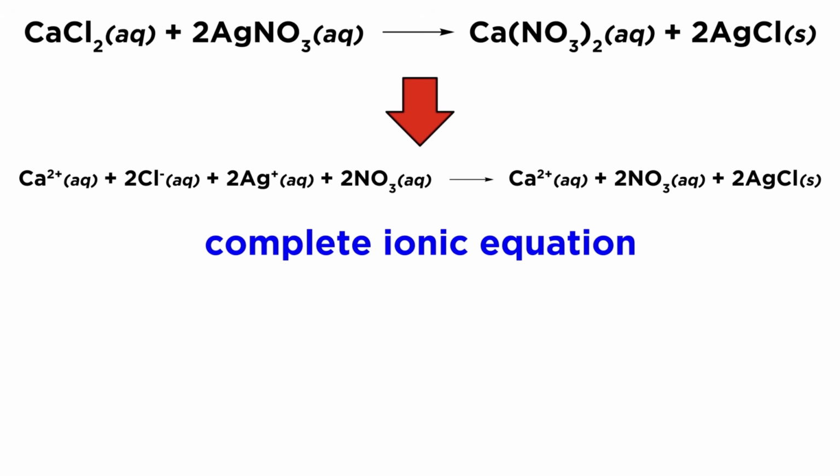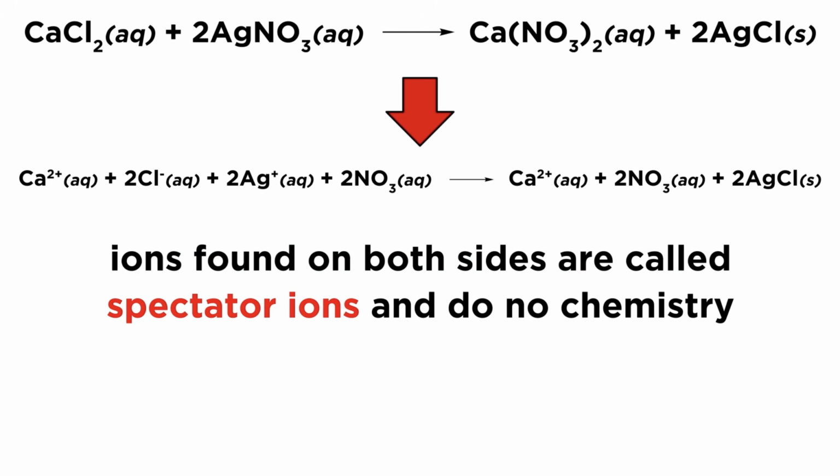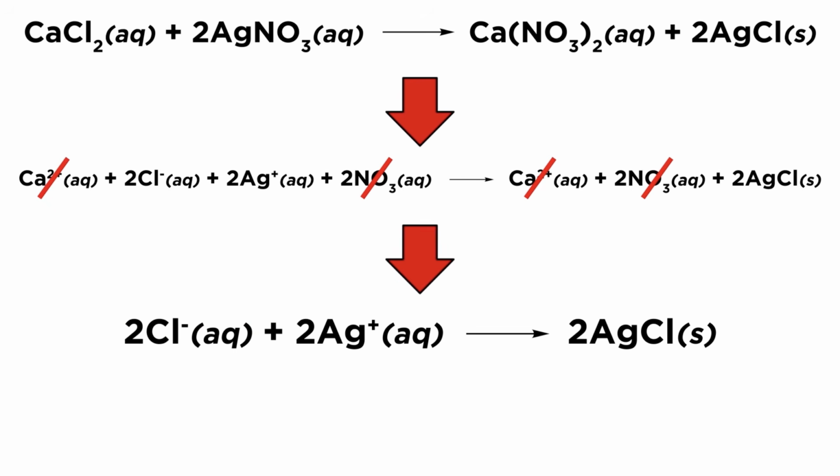Now we have the complete ionic equation, but we may notice that certain ions exist on both sides. These are called spectator ions because they don't actively participate in chemistry, they just sit in solution. These can be cancelled out just like algebraic variables. Let's rewrite what is left, which is simply silver ions and chloride ions coming together to form silver chloride.